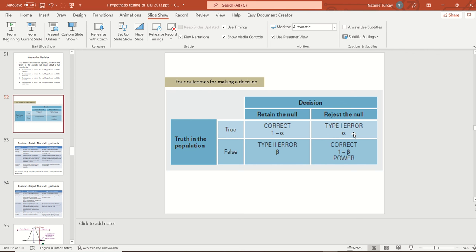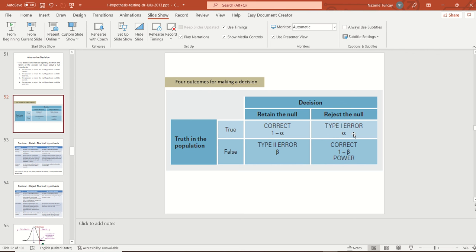If there is a difference and they say there is a difference, that is correct. But let us say the reality is that there is a difference, and they misunderstand it and say there is no difference. This is a false result and type 1 error. When there is no difference and the statistician says there is a difference, this is type 2.